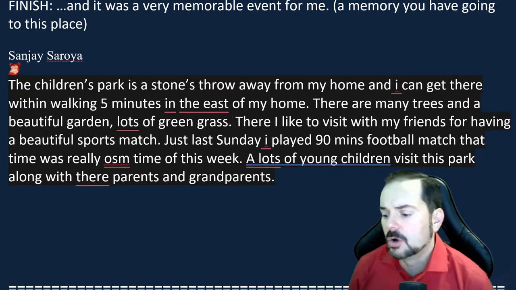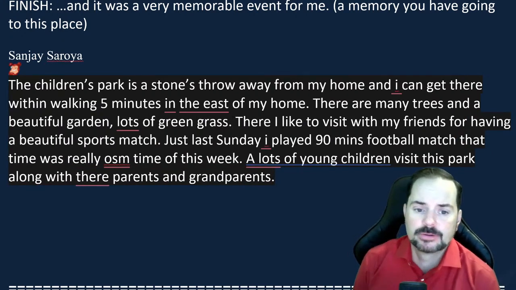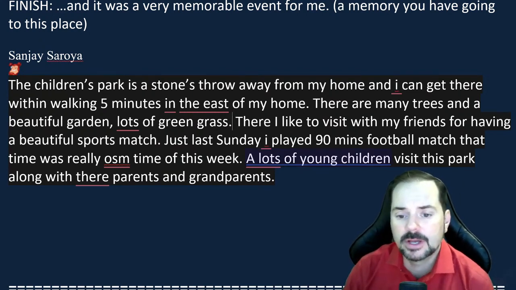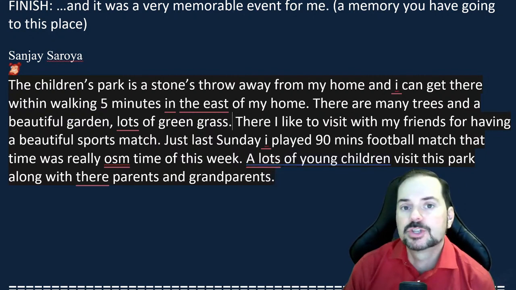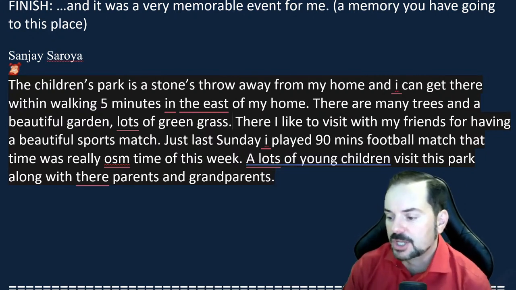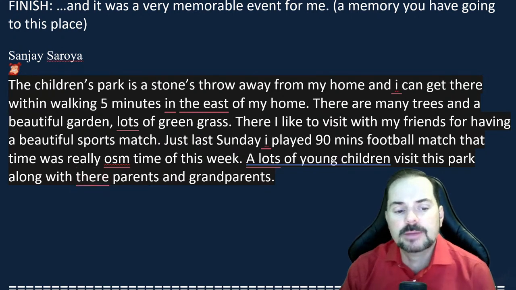So it has to reflect this concept of nature, right? And there are facilities that are kind of like a park, which are not really that much nature. Stone's throw away means close.